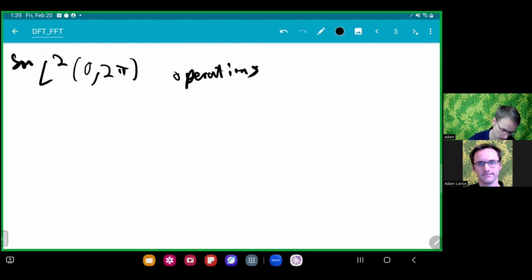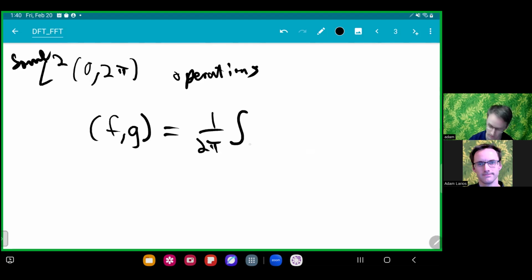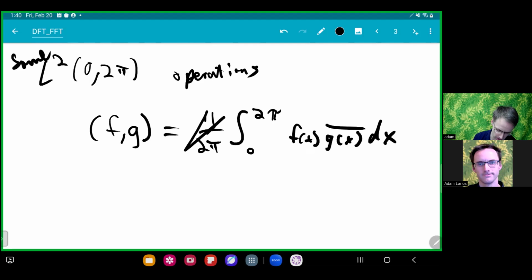These are just some operations. So we'll take f comma g to be an inner product, but with a weight of 1 over 2 pi. So it's the inner product, 1 over 2 pi times the integral of f of x, g of x complex conjugate dx. The usual L2 inner product does not have this weight here, but we'll take it with the weight for some convenience.